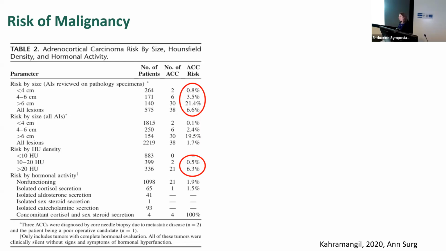And as we would all suspect, it relates back to size and density as measured by Hounsfield units. They found a lower percentage of malignancy in lesions 4 to 6 centimeters in size than many of us quote at 3.5%, and that Hounsfield units greater than 20 were the most concerning.